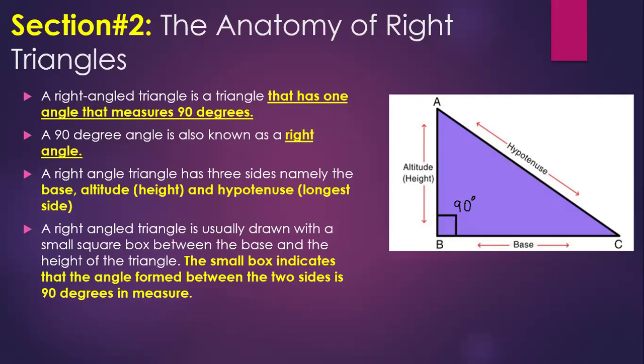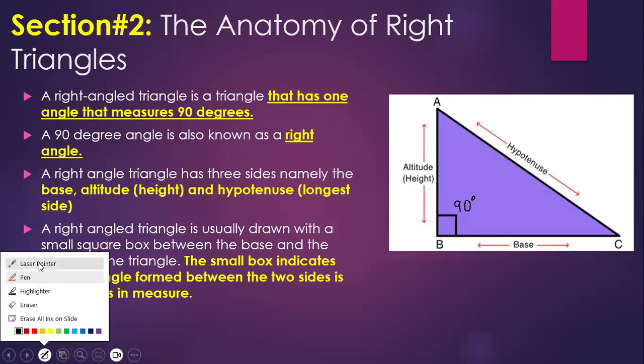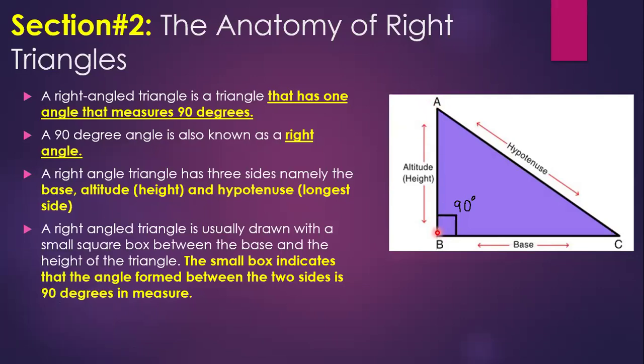Sharice, how many sides does a right angle triangle have? Look at the figure. This is the image right there. How many sides does a right angle triangle have? Oh, 3. Very good.